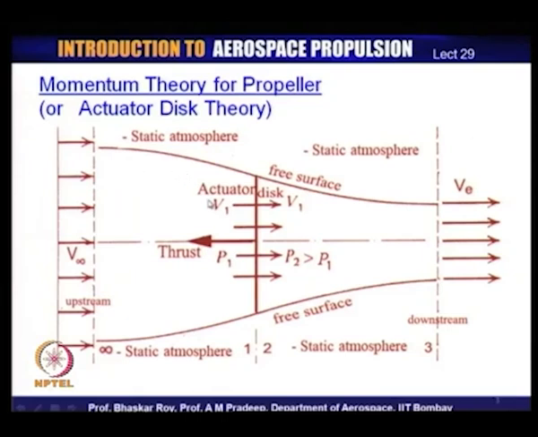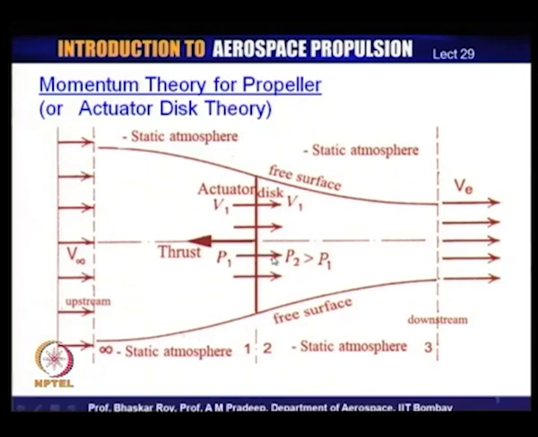Now, as the flow moves into the actuator disc, it acquires a velocity v 1. Now, v 1 is the velocity at the actuator disc, which is changed from v infinity, which is what it started off with, large distance upstream of the actuator disc. So, the velocity through the actuator disc, or more specifically the axial velocity, is v 1 through the actuator disc.